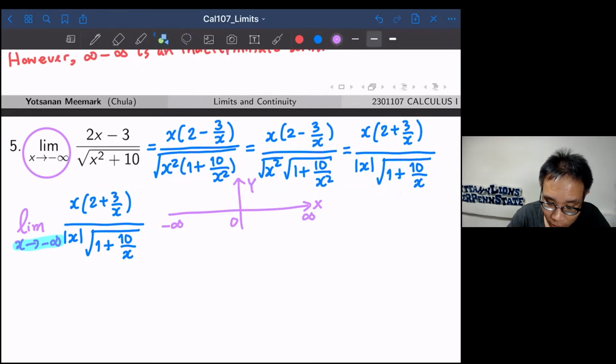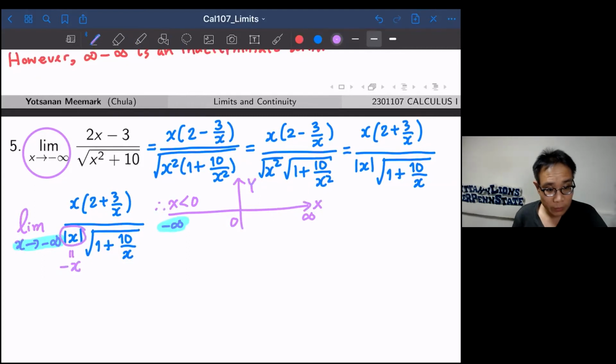So when you have negative infinity, you are on the side where x is less than 0. So the absolute value of x turns out to be equal to negative x. This is what it means for x to go to negative infinity.